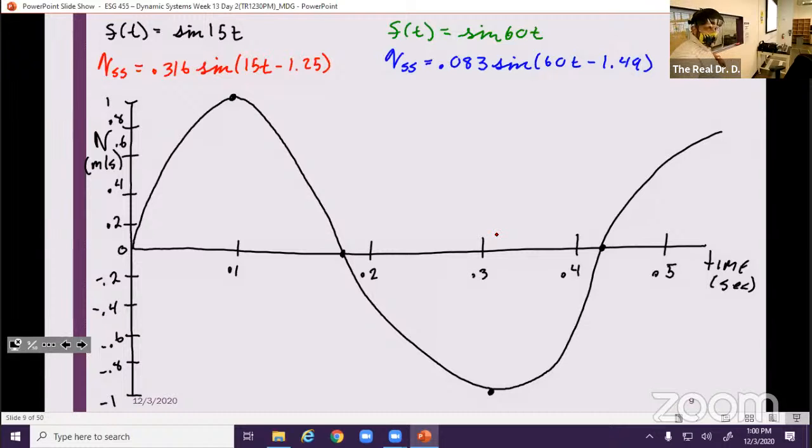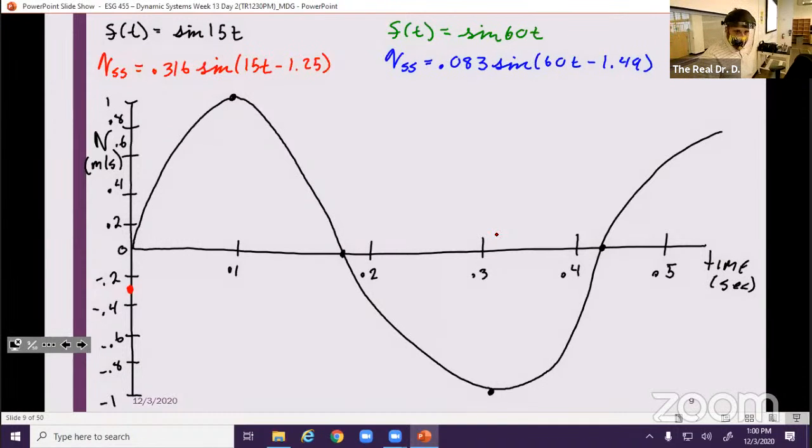Well, we end up with the 0.316 times the sine of negative 1.25, right? Turns out that is roughly 0.3. It's like right over here. So at t equals 0, just plug in 0.